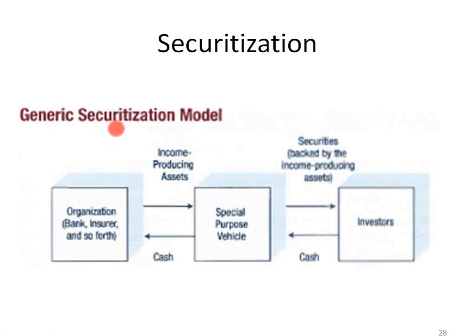An organization, whether it be a bank or insurer, has an income-producing asset, puts it in a special purpose vehicle, and then sells securities to investors, and they get cash, and the cash goes back out. Looking at mortgages, for example, that's how those items were securitized.